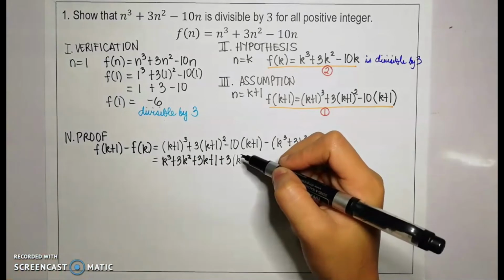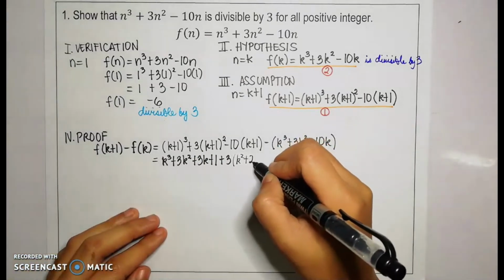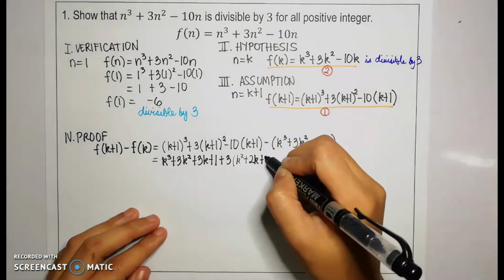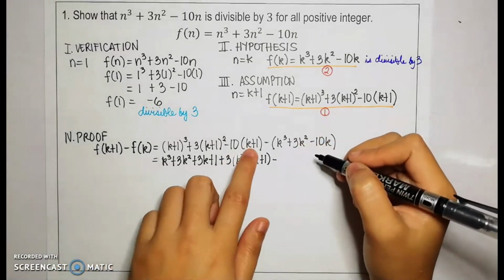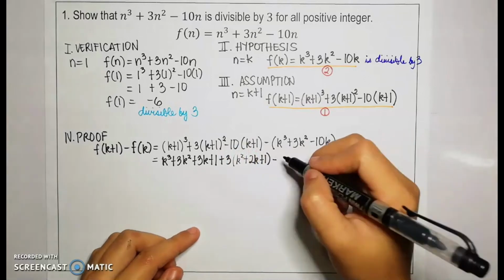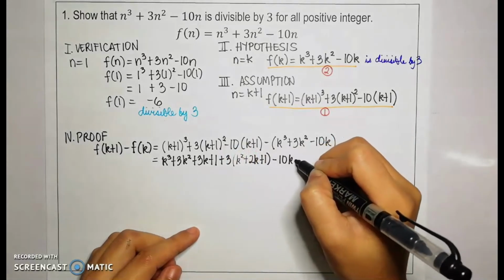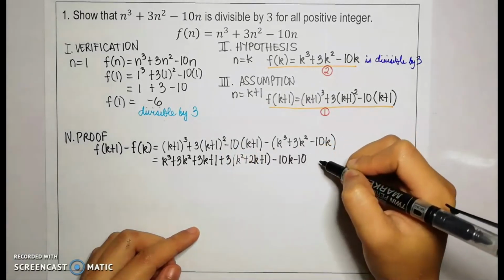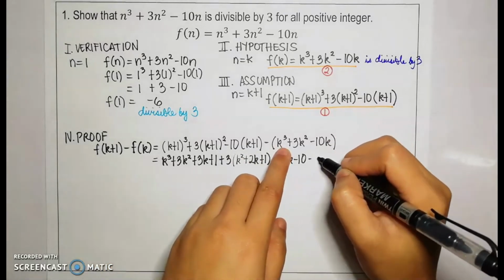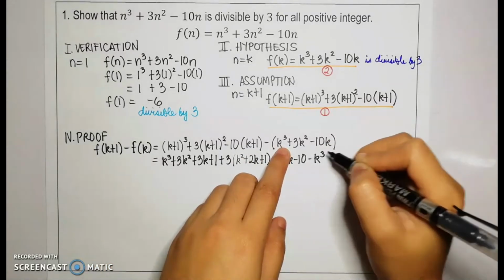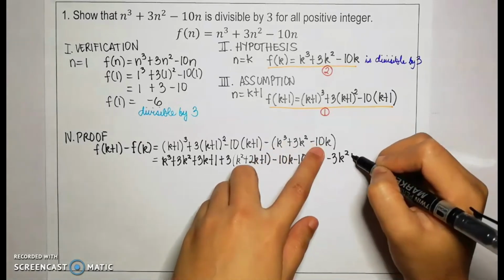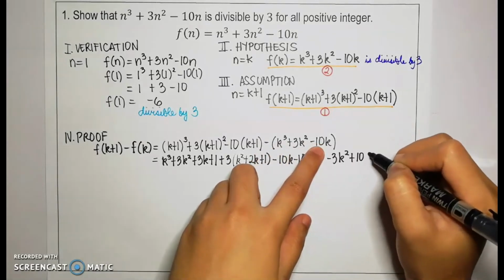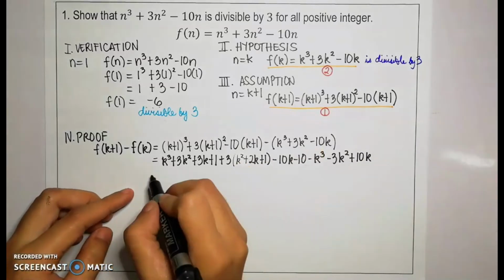Let's expand the square of k plus 1, and it becomes k squared plus 2k plus 1. Distribute negative 10 to the binomial. We have negative 10k minus 10. And distribute negative 1 to the trinomial. We have negative k cubed minus 3k squared plus 10k.